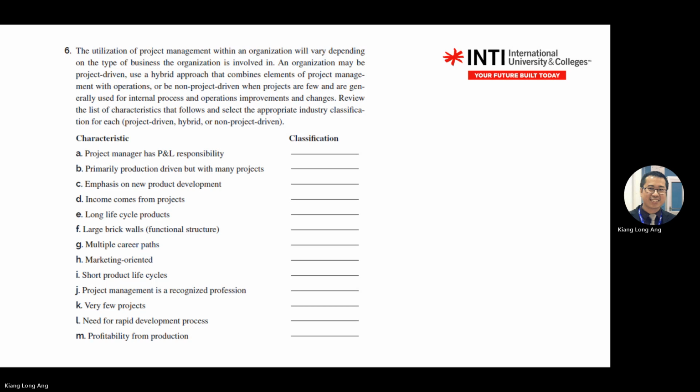Why non-project driven? You understand project driven, hybrid, and non-project driven, right? If it's project driven, who will be under the spotlight? Project manager. So non-project means it gives to who?